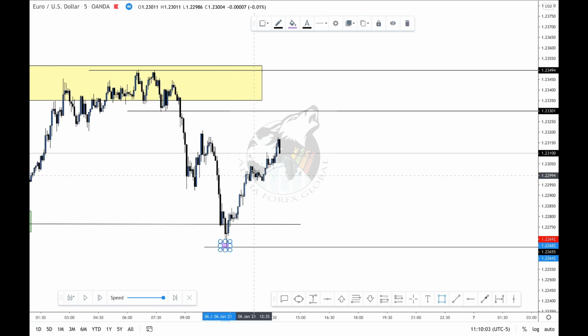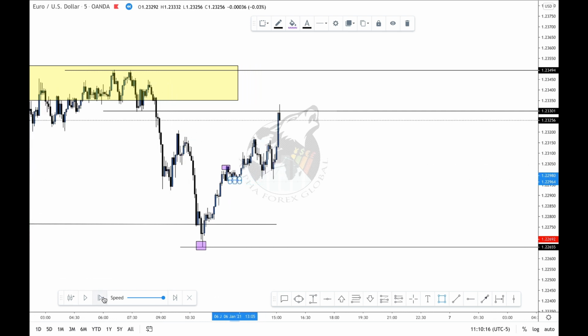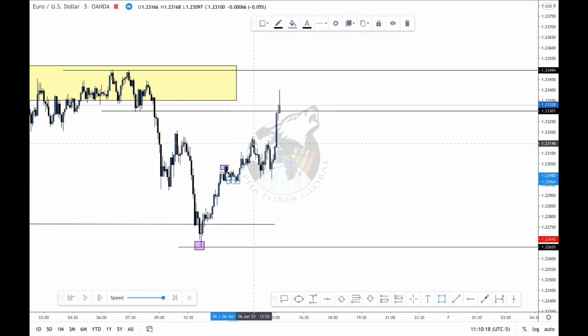So the market created the low here, the market created a high here, then the market created a what? A higher low right here, right? Then the market created a high right here, then the market created a higher low, and then the market pushed to the upside, creating highs, right?